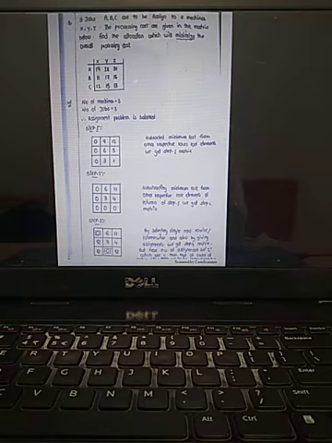Now what is the question here? 3 jobs A, B, C are to be assigned to 3 machines X, Y, Z. The processing costs are given in the matrix below. Find the allocation which will minimize the overall processing cost. Now see the values.